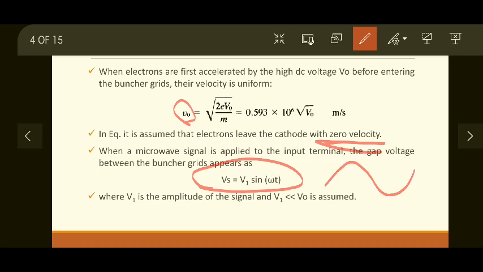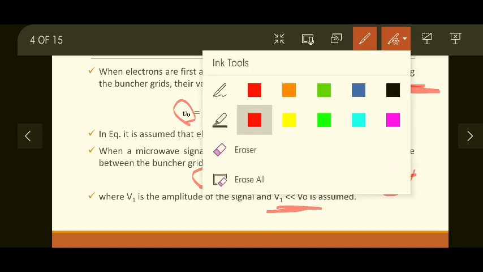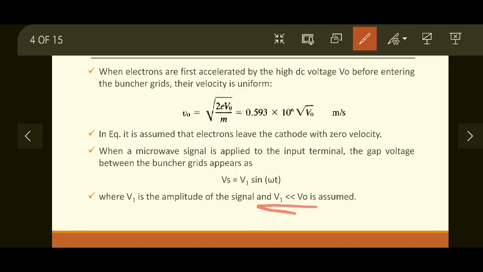So we are assuming a normal sinusoidal wave, where V1 is the amplitude of the microwave signal, and this is very important, V1 is very small compared to the applied DC voltage. The applied DC voltage may be very large compared to the applied microwave input signal. Since this is DC, I am showing it as a straight line. So this is important.